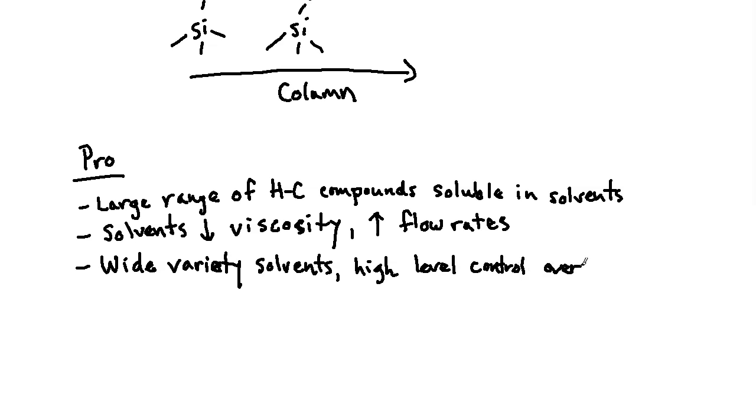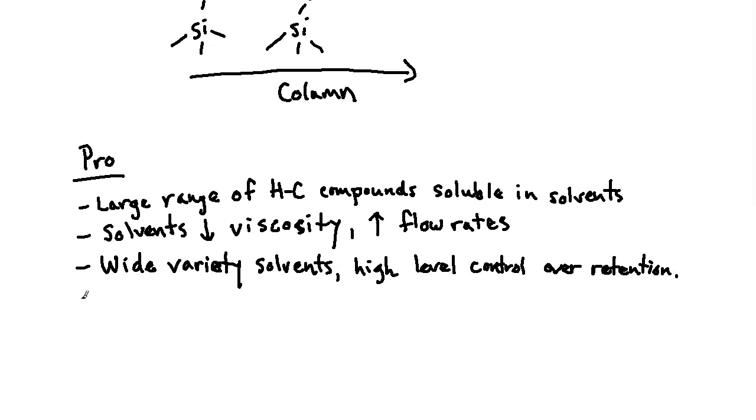Okay, and that can be beneficial because if you can manipulate your solvents, or you have a whole lot of them and you can tinker with them and play around, if you have a high level of control over retention, you can leave certain things on the column while removing others and getting a lot of distance between them to get very clean separation with your HPLC. So having a large arsenal of nonpolar organic solvents is going to allow for a high degree of retention time selectivity and separation. And so that's a pro.